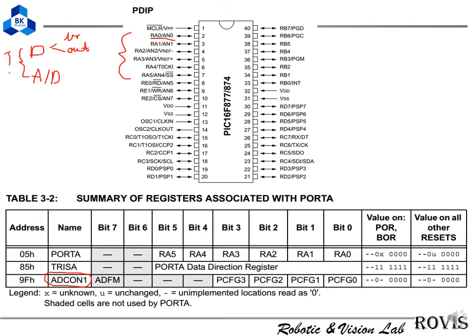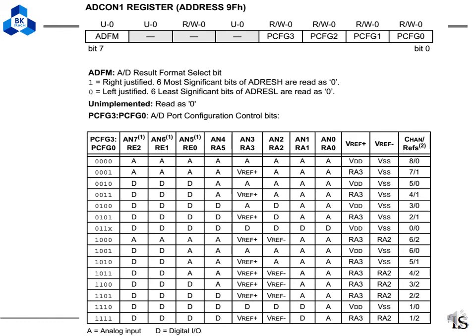To choose which function it is, we will go to this special function register here. And what is the special function register? I already discussed it with you in the previous lecture note. It's just the register connected physically with the pin. To choose the function for the pin, we have to set the 4 bits here. For example, from RA0 to RA5, I want all the pins to be digital function.